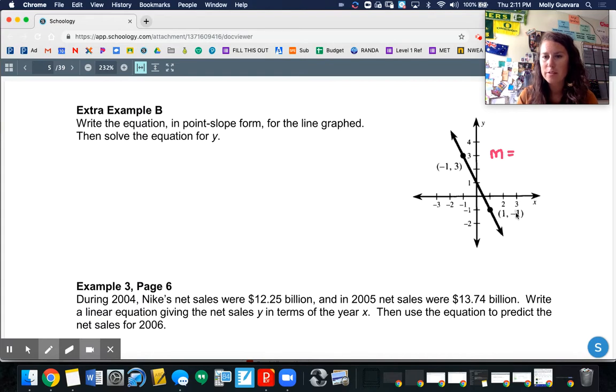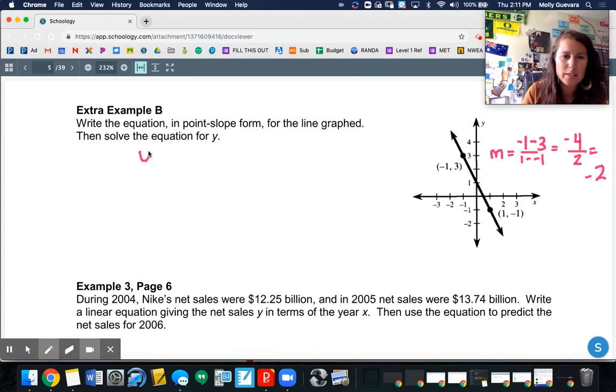So if I use this one first, I have negative 1 minus 3 over, and then my x2 is 1 minus my x1 is negative 1. So this gets me negative 4 over 2, which is negative 2. So here my slope is negative 2.